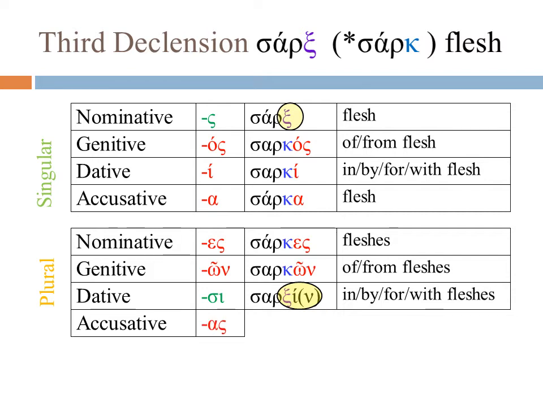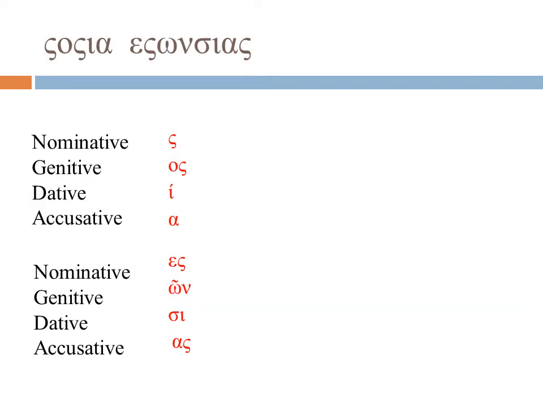Accusative, alpha sigma, sarkas, fleshes. Socia esoncias. This is another of my little silly attempts at memorization.